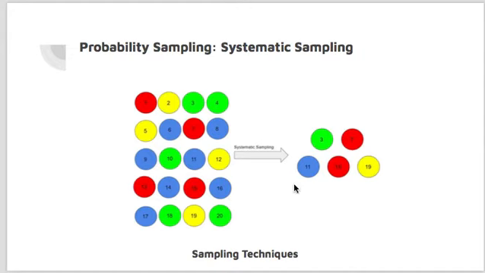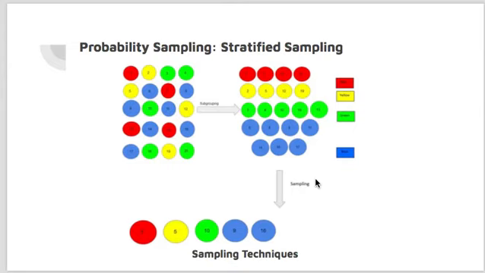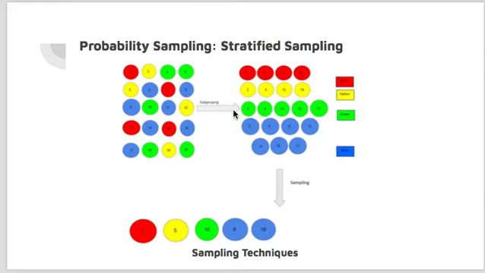The next probability sampling is stratified sampling. Here in stratified sampling, we divide the population into subgroups called strata, based on different characteristics like gender, category, income, education. Then we select the sample from these subgroups. For example, from 1 to 20, we are subgrouping all the red colors: 1, 7, 13 and 15.